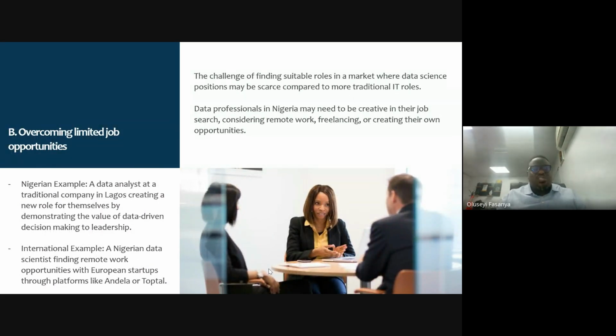Now, overcoming limited job opportunities, and we know that there's a constraint. Most organizations are actually rightsizing. The challenge is finding suitable roles in a market where data science positions may be scarce compared to more traditional IT roles. We recognize that.